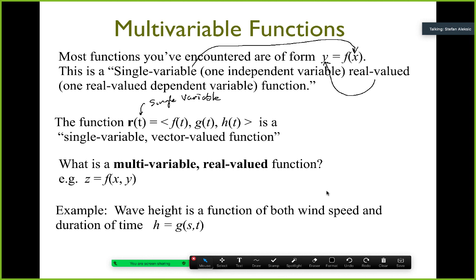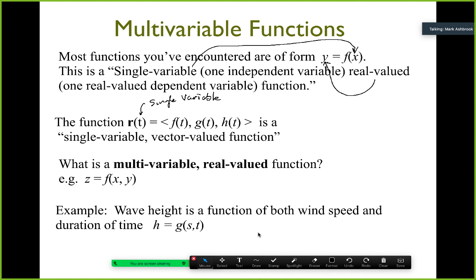Wouldn't it also be affected by moon position? Sure, so maybe there's a third variable. There are probably several other variables that affect wave height. This is a pretty crude example. Okay, questions on that? Does that make sense? Just the introduction there.